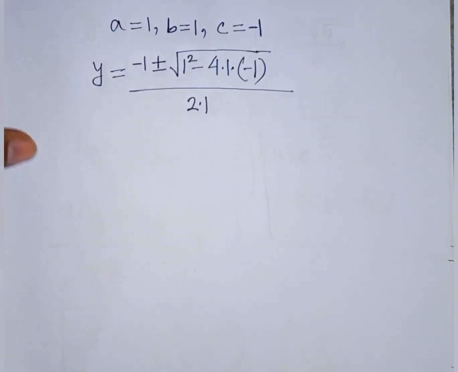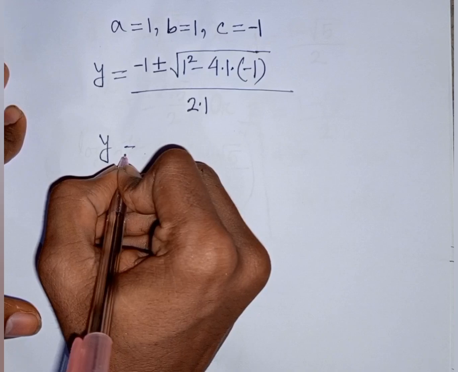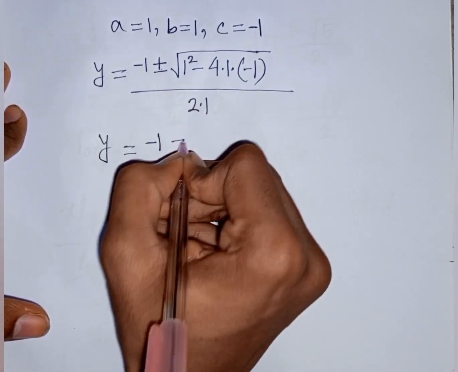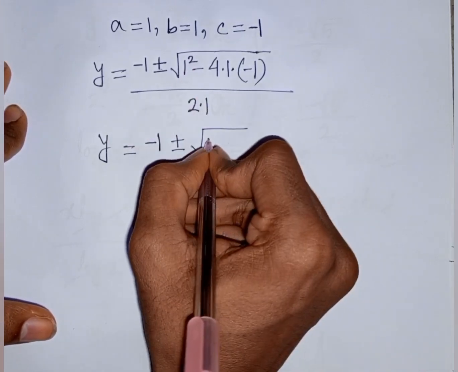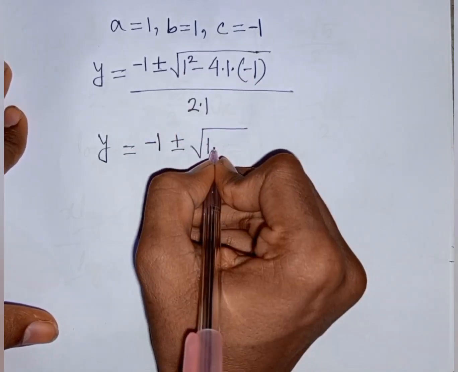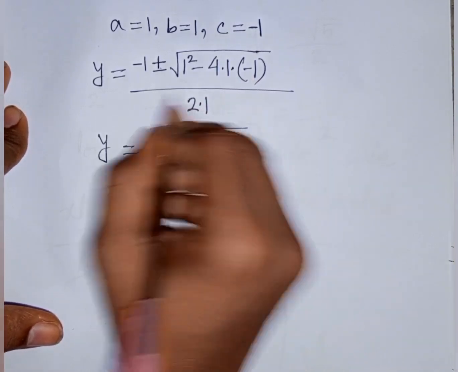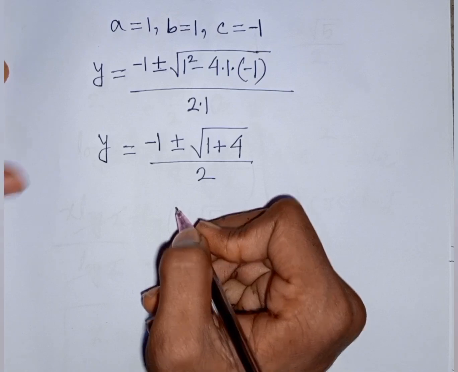Now we can write here y is equal to minus 1 plus or minus a square root of 1 square, which is the same as 1, then minus times minus, that means plus, 4 times 1, that means it will be 4, then divided by 2 times 1, that means 2.